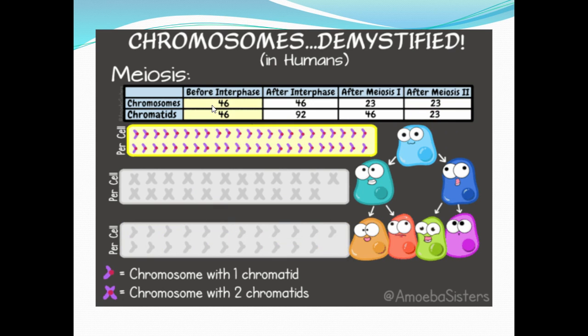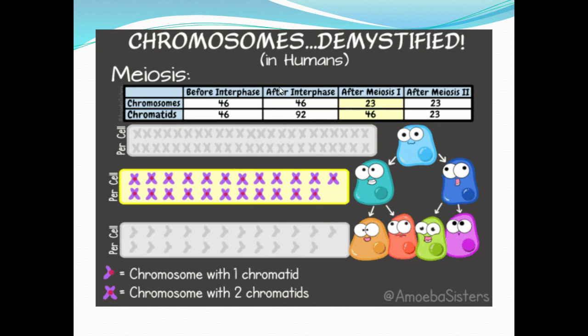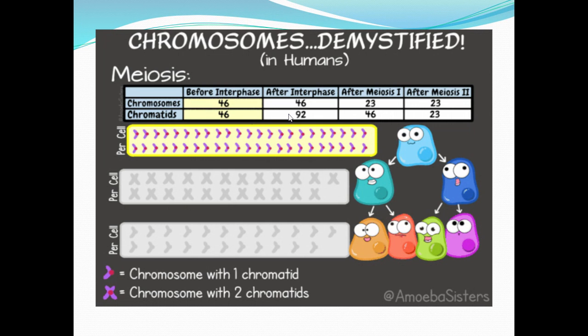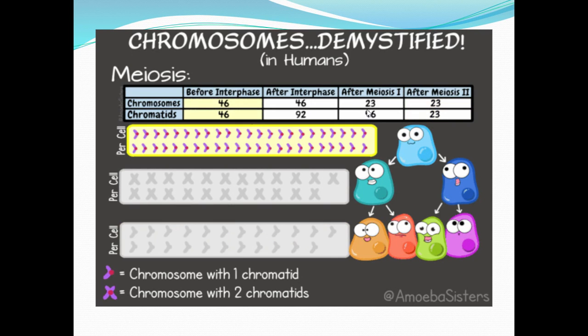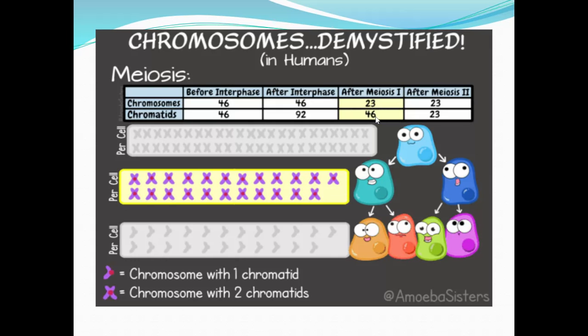So we start with 46 chromosomes in interphase and 46 chromatids. After interphase, we have gone through the S phase, and we now have 92 chromatids and 46 chromosomes. After meiosis 1, we have 23 chromosomes, 46 chromatids.